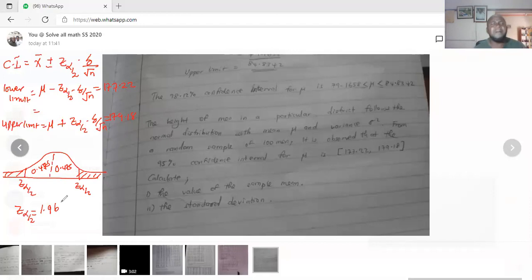Even if you go to Harvard, Oxford, Yale, or any university anywhere in the world, you will handle Z alpha over 2 as 1.96 for 95% confidence.